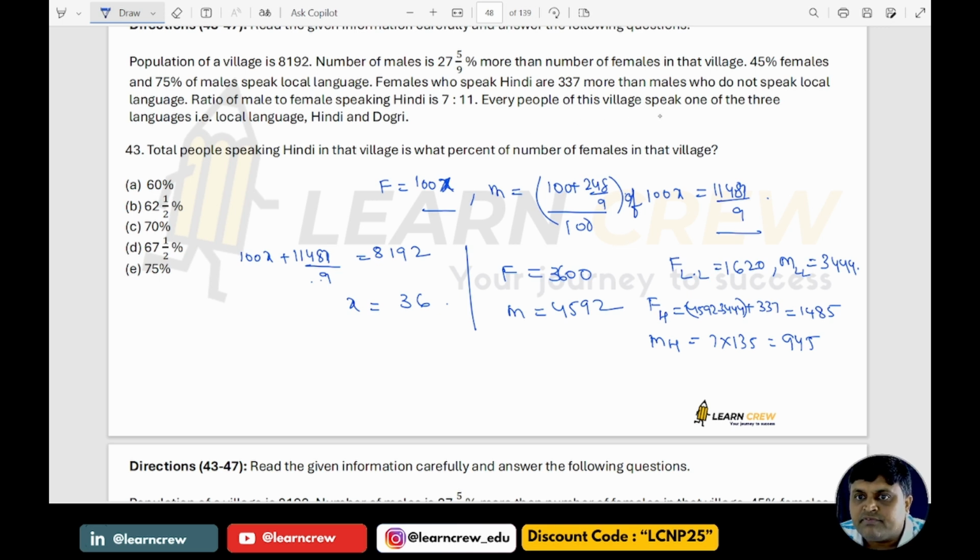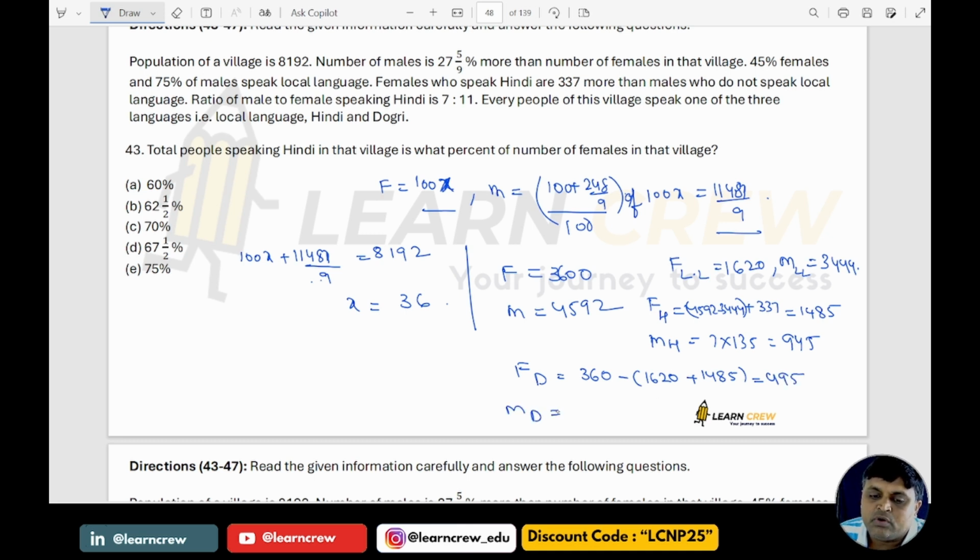Every person in the village speaks one of three languages: the local language, Hindi or Dogri. So for females speaking Dogri, the total is 3600. Out of that, 1620 speak the local language and 1485 speak Hindi. The remaining 495 are females speaking Dogri.